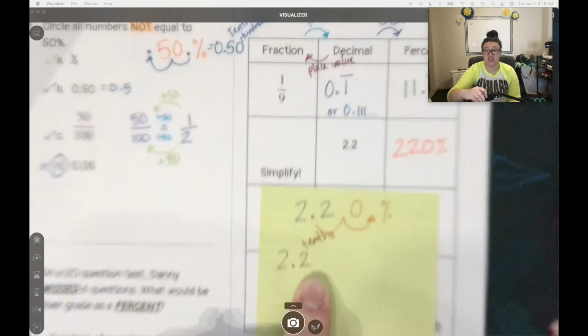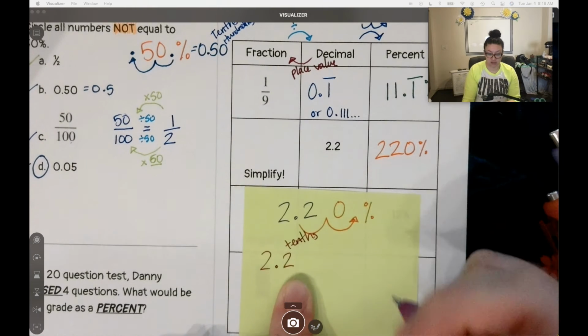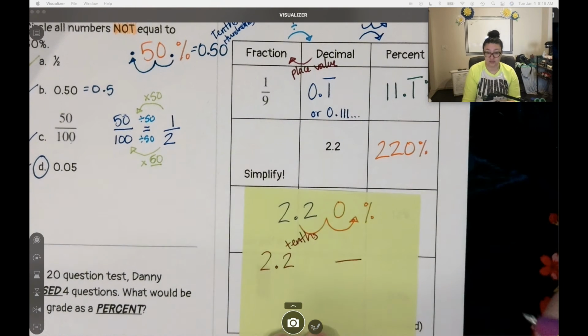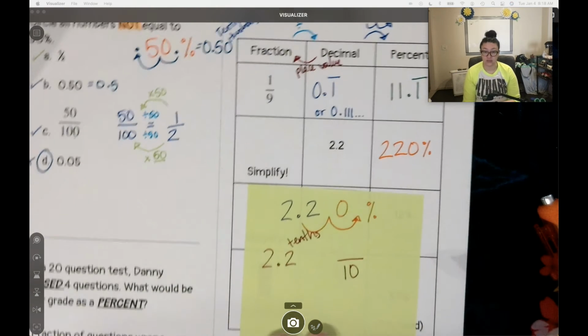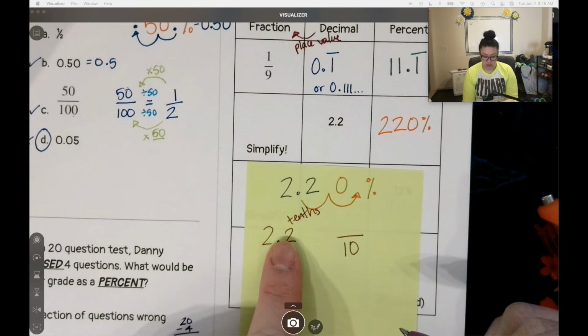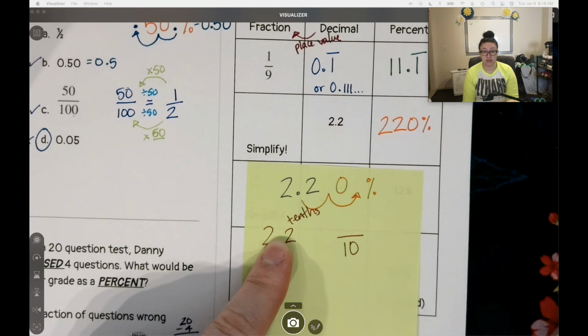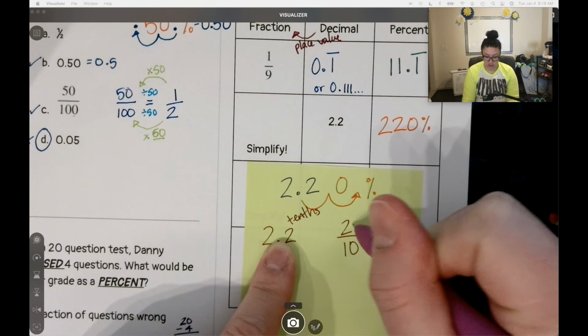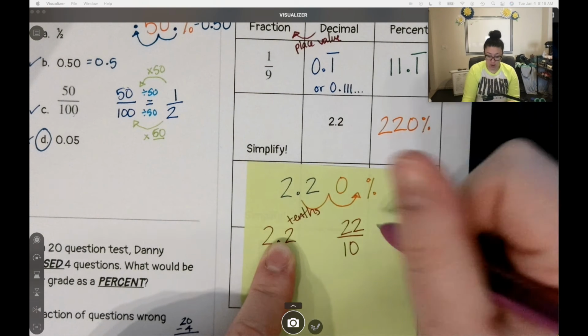That's in the tenths place value. So that means our denominator is going to be 10. The number without the decimal is going to be my numerator. So we'd have 22 over 10.